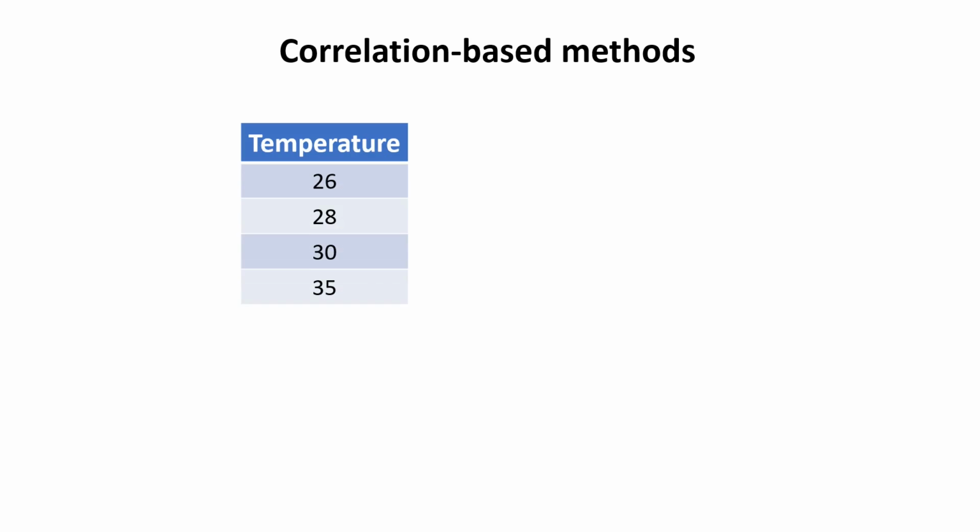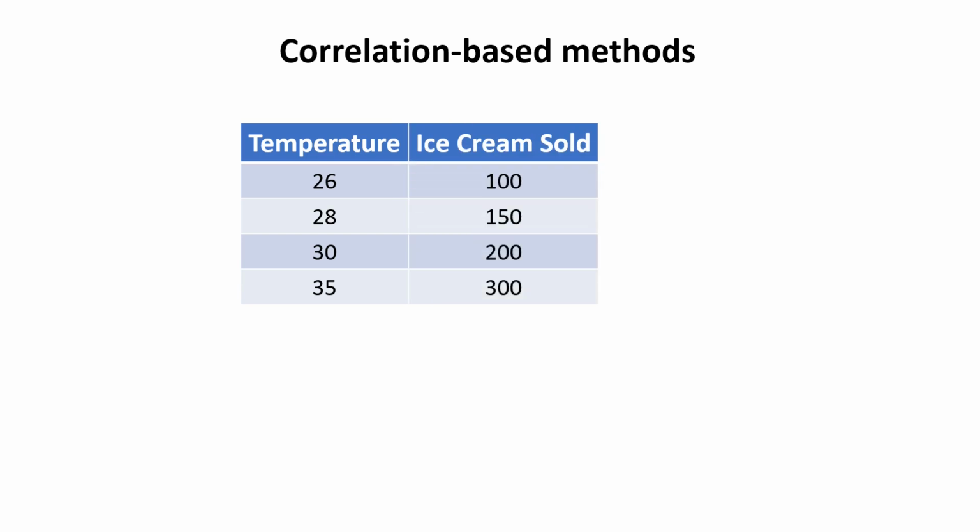Consider this feature which is talking about the temperature. What you observe is temperature is increasing with time. First of all, it is 26 degree, 28 degree, then 30 degree, and then 35 degree. Accordingly, there is another feature which is talking about sales of ice cream units.